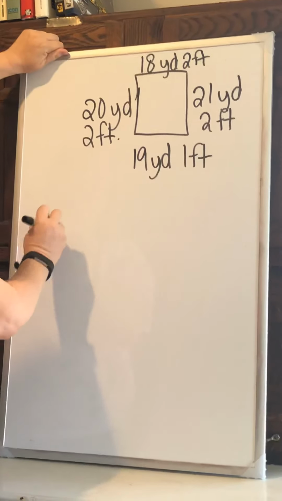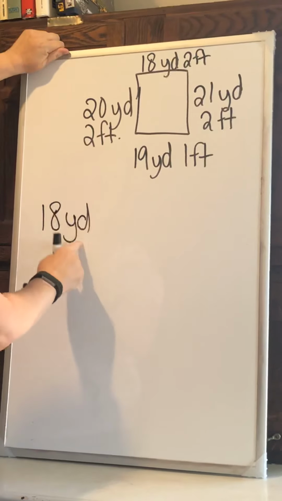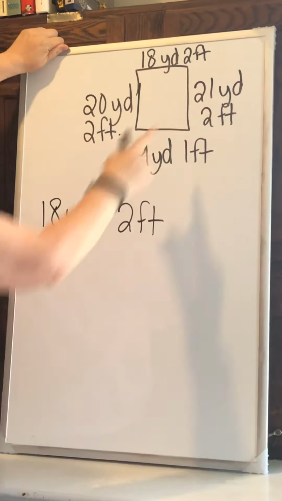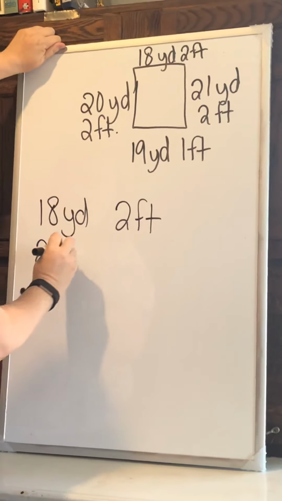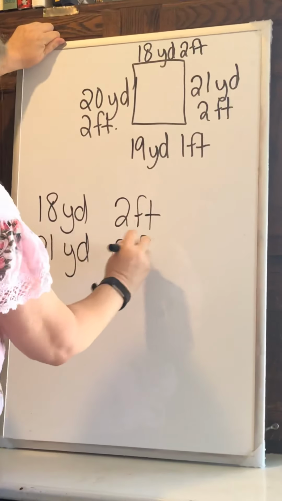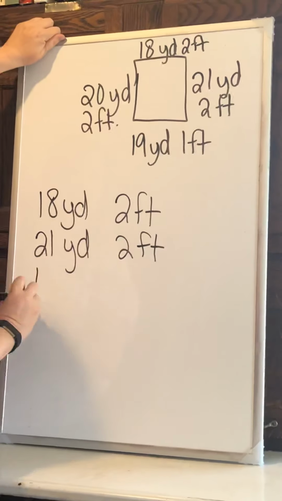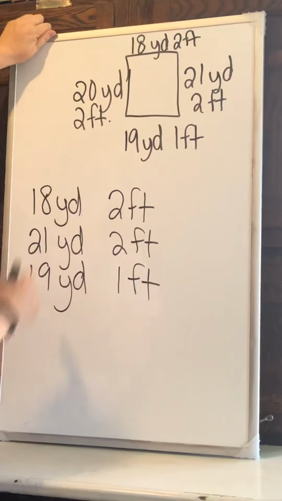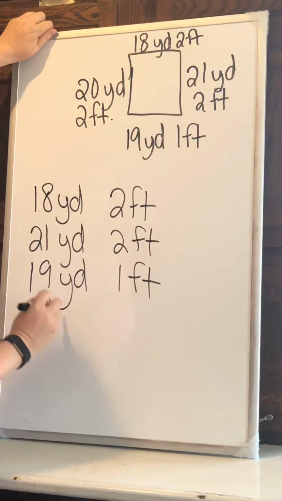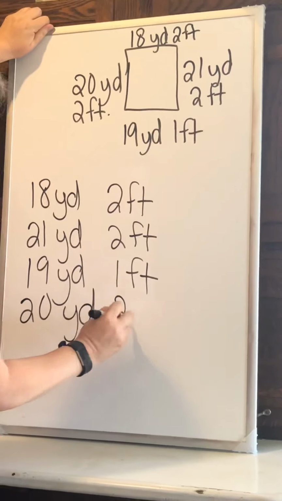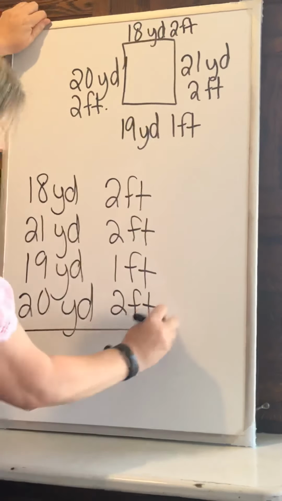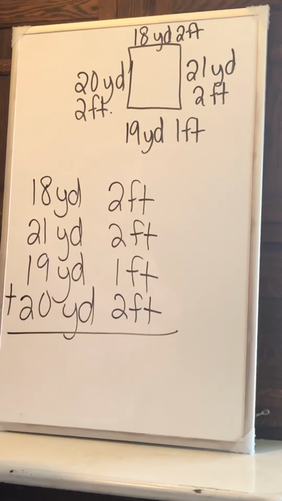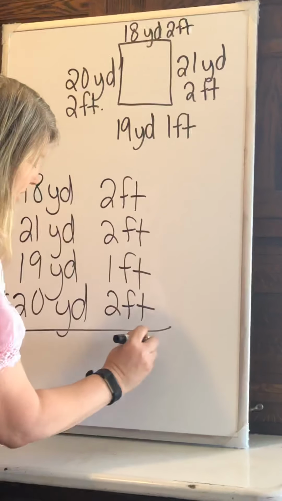So we have 18 yards, YD stands for yard, and 2 feet. We have 21 yards and 2 feet. 19 yards and 1 foot. And then 20 yards and 2 feet. Let's start at the back and add all this up. 2 plus 2 plus 1 plus 2 is 7 feet.